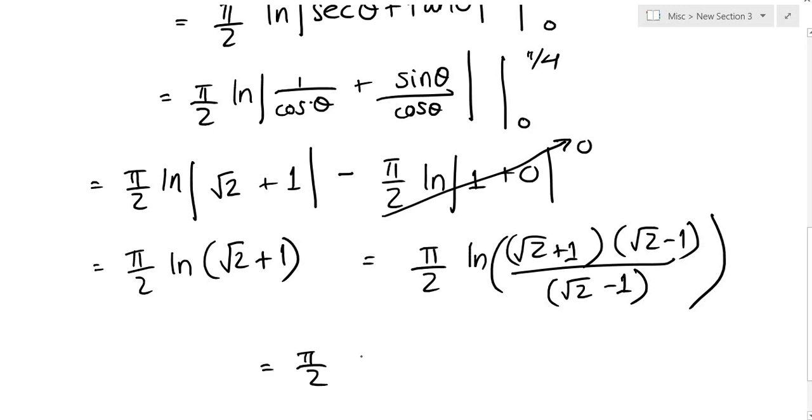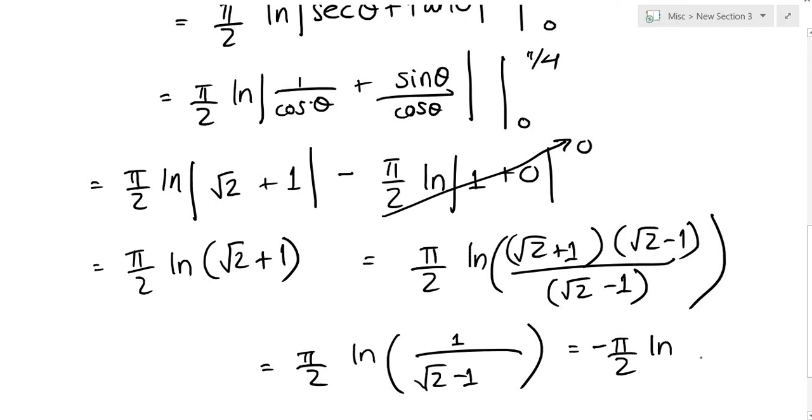So we have pi over 2 times natural log of square root of 2 squared is 2 minus 1, using the difference of squares identity. So 2 minus 1 is 1 over square root of 2 minus 1. And now by virtue of log properties, I can pull out a negative and then flip the argument inside to obtain square root of 2 minus 1.